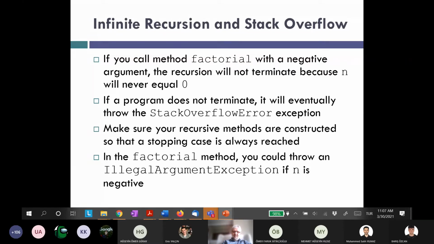You can check whether it is negative or not, and you can throw an exception, probably an illegal argument exception, in the algorithm. So having a negative value as an argument is another base case which throws an exception actually. Otherwise, if you do not do it, the program will not terminate, and it will eventually throw an exception because the stack is overflowed. Stack is full, right?